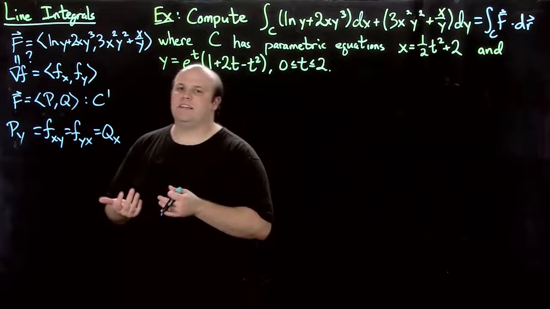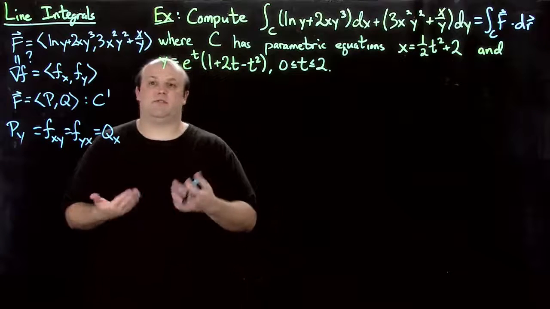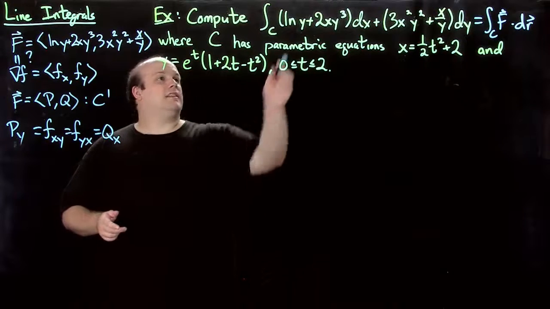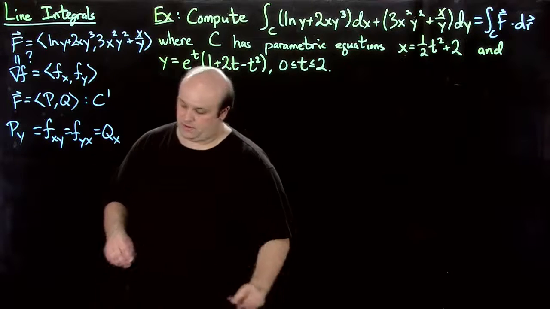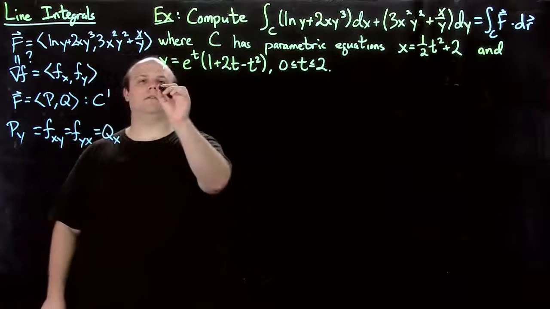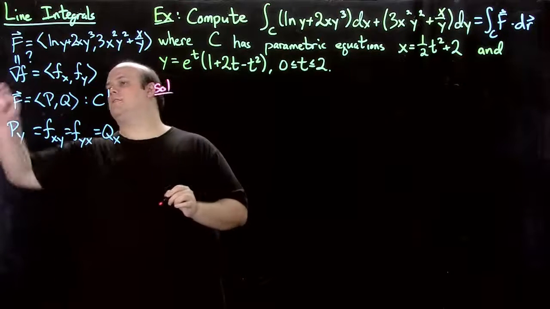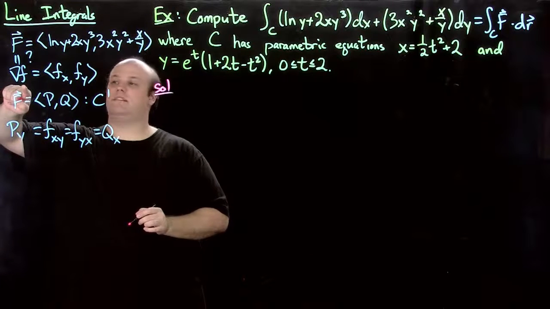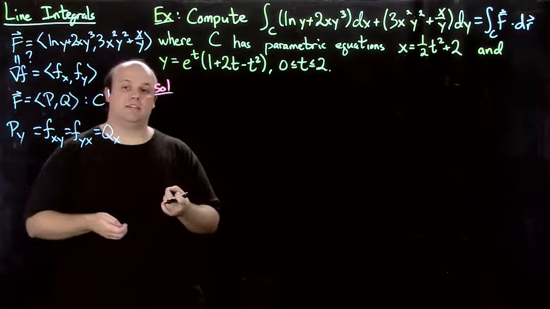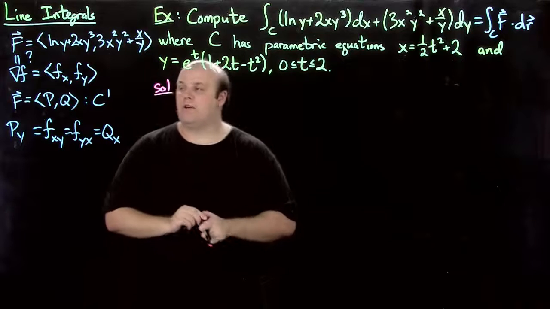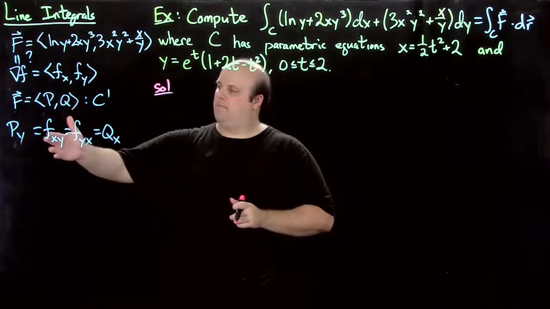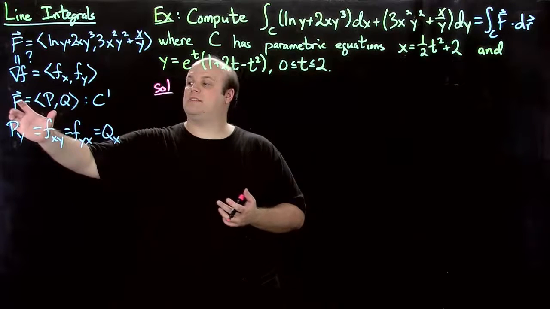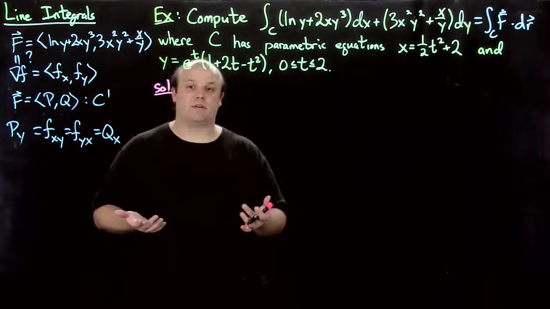Well, so usually the easiest way to do this is to just try and figure out a potential function. So let's try and do that here. Right? So, sorry, if F is conservative, meaning it's the gradient of some little f, remember that little f is called a potential function. All right. Well, so let's just assume now that this is conservative and see if everything works out.